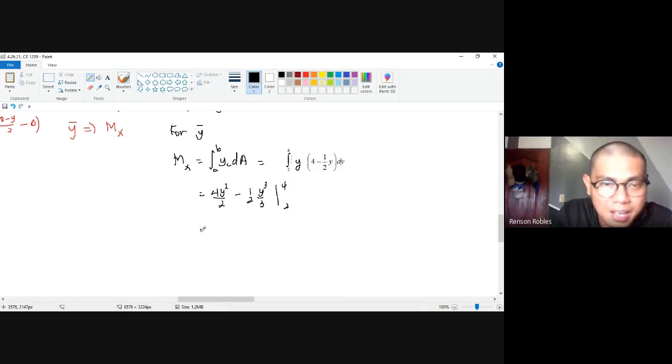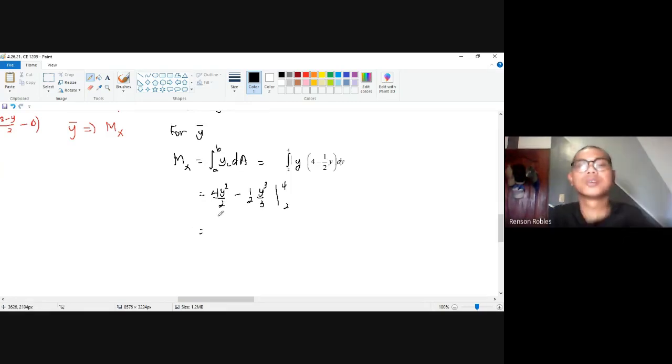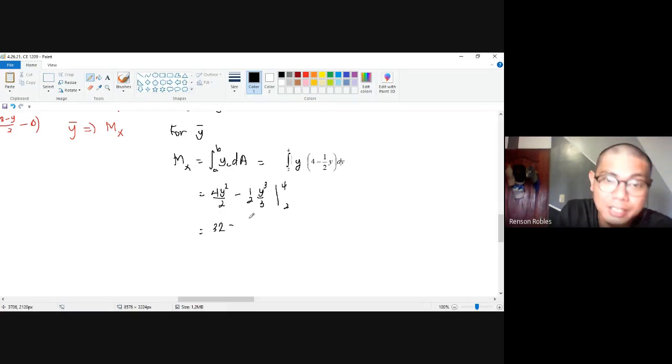Then you now have 4 over 2, 2, 32. This is 4 squared, 16 times 2, 32, minus 4 cubed, that's 64, over 6, minus 2 squared is 4, times 4 over 2, it's 2.